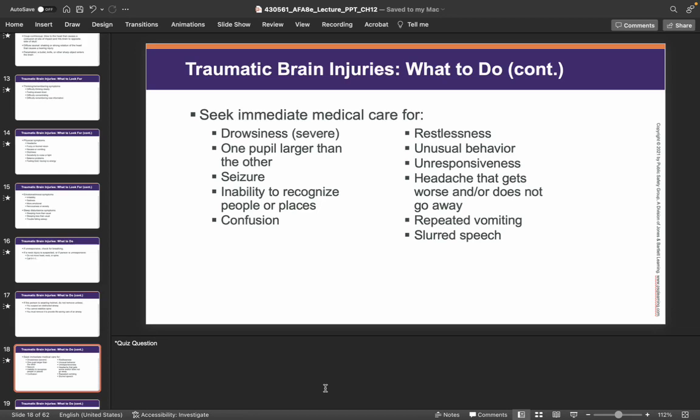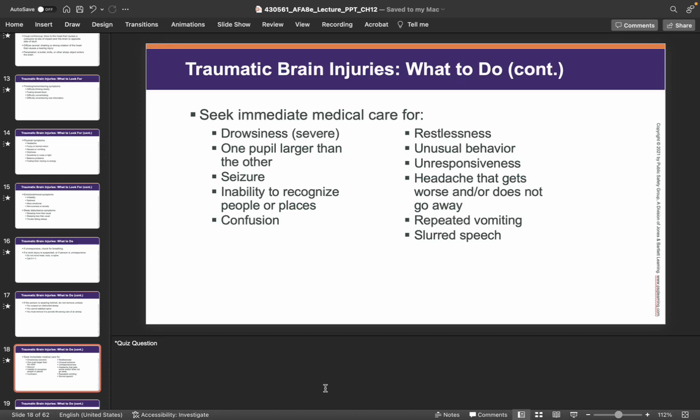Again, unresponsiveness, obviously. Headaches that get worse and or don't go away, that is a sign of a brain bleed. So if the trauma to their brain was bad enough that their brain is starting to bleed, the headache is going to continually get worse. Okay. Anytime rule of thumb for a concussion, if they throw up more than once, send them to the ER.